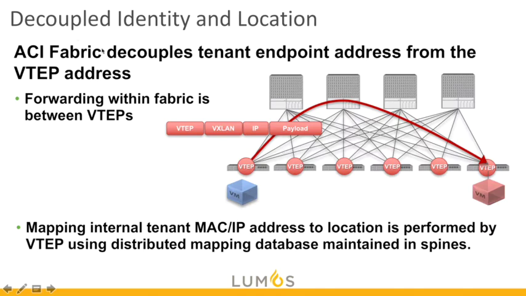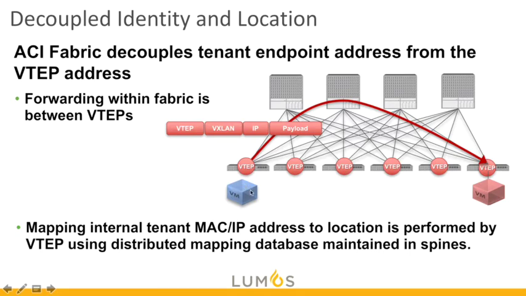One of the other things we do with the ACI fabric is we decouple identity and location. So an IP address we consider that identity. Location has often been, at least in the late 1990s and early 2000s, determined by where you place that workload. So which rack, what top of rack, what switch you plug it into. By decoupling identity and location, that's essentially what we're doing with vMotion.